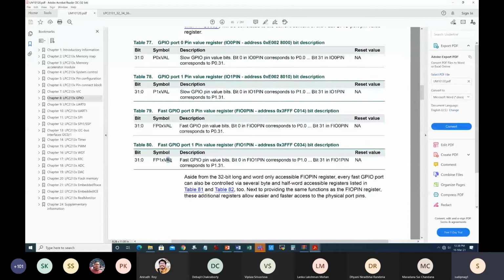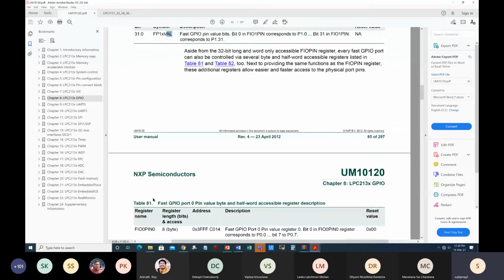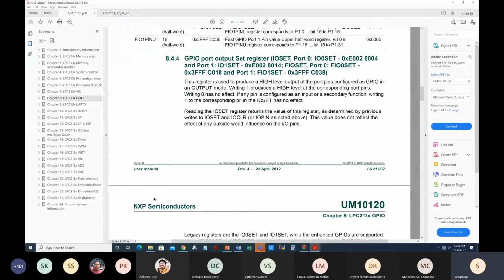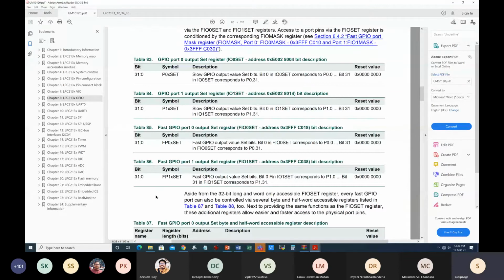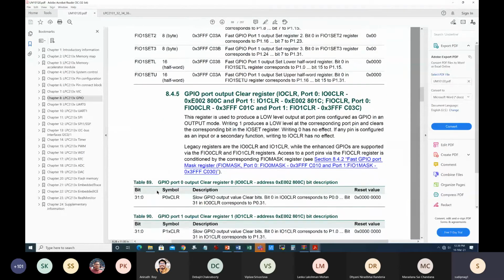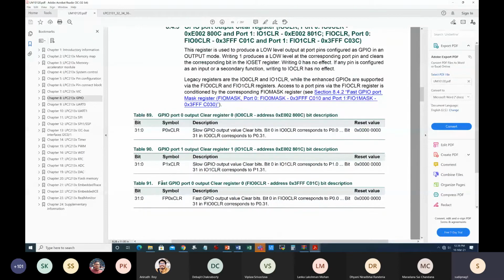So this val part comes in fast GPIO. So here is the information. It's a bit interleaved information. Okay, so port 0 clear and port 1 clear. For slow GPIO, slow means something connected to the APB bus, obviously.